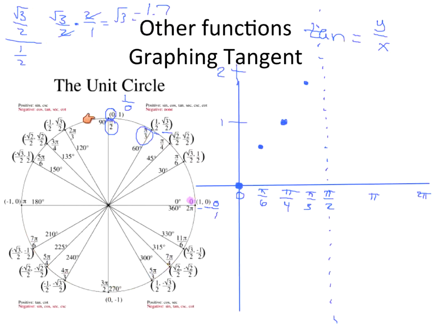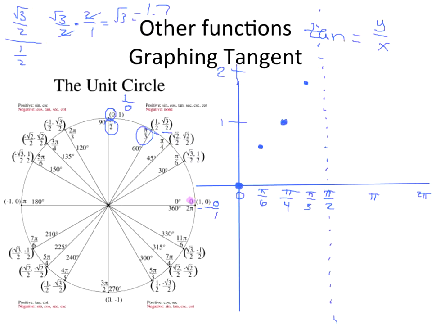Looking on my unit circle, is there going to be one more spot where my graph is undefined? What do you guys think? Where's my other spot going to be where my graph is undefined? Is there any other spots where my x is a 0? You're right. Down here, at 0, -1, that's undefined.